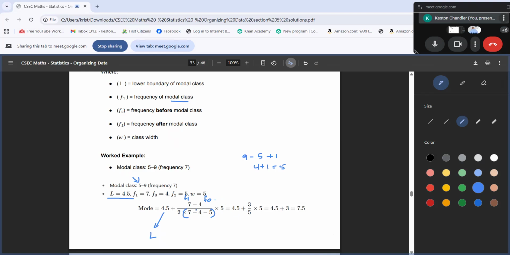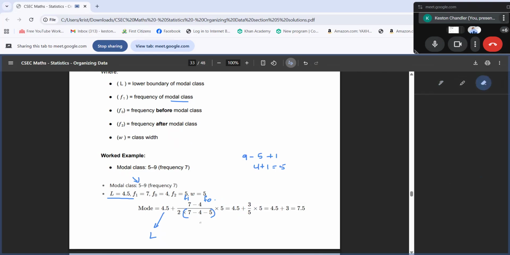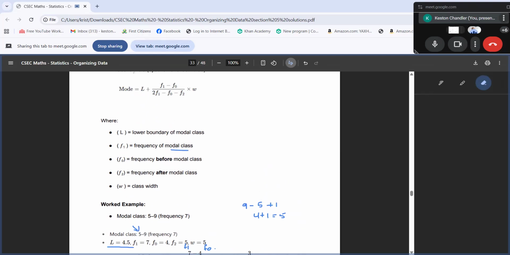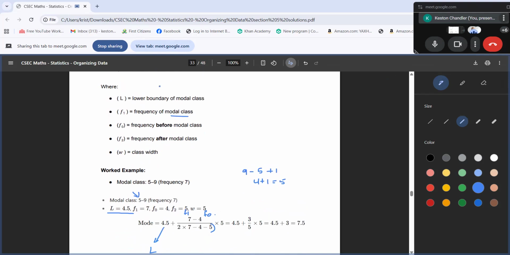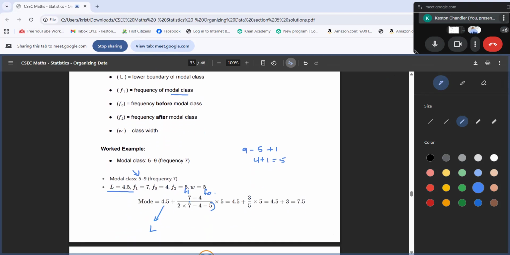So we get 3 over 5. 7 minus 4 gives us 3. Sorry, my bad. You're going to find twice F1. So 2 times F1. This is where the bracket is going to be.